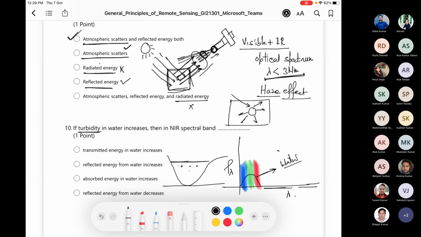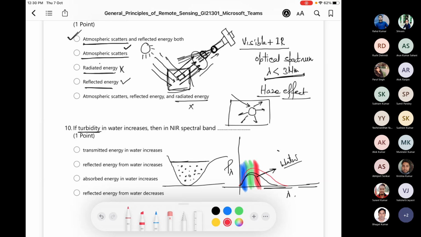Then there will be the presence of some particles, and due to the presence of these particles, you can expect reflectance in the near infrared band also. Even the overall reflectance will further increase. This plot will go like that as you increase the turbidity.